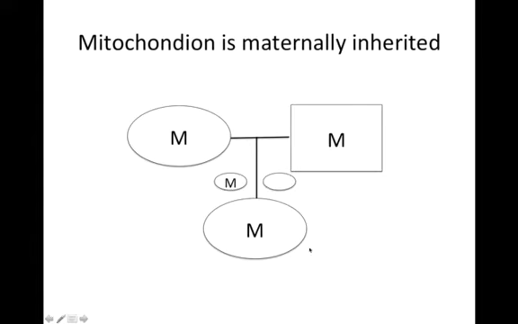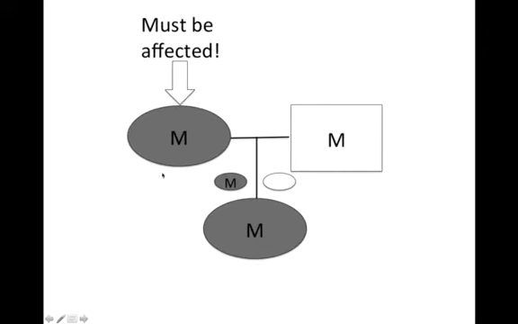And so what that means is that this individual only inherited mitochondria from one side, that is from the egg, not from the sperm. So if this individual is affected, then that indicates that the affected mitochondrion came down from the egg, and thus that we would expect the mother is affected.